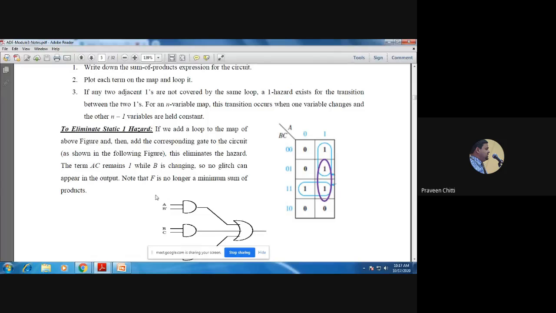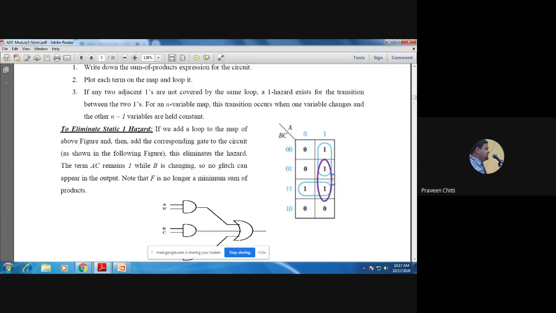This is the simplified equation, and this is the logic diagram you are supposed to get. But how do you detect the hazards present in this circuit? When you have two adjacent ones, and those two adjacent ones are not covered in any of the groups, then there exists a static 1 hazard. I hope it is clear. All of you getting it?